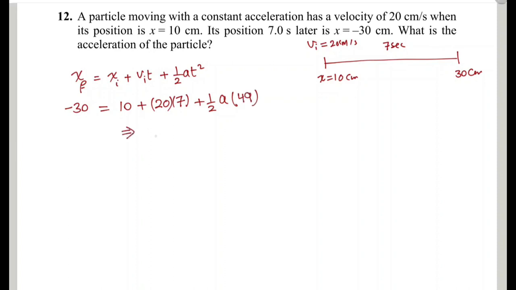In other words, minus 180 equals half a times 49, which gives, in this case, a equal to minus 7.35 centimeters per second squared.